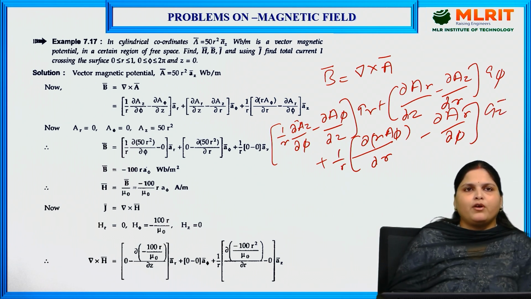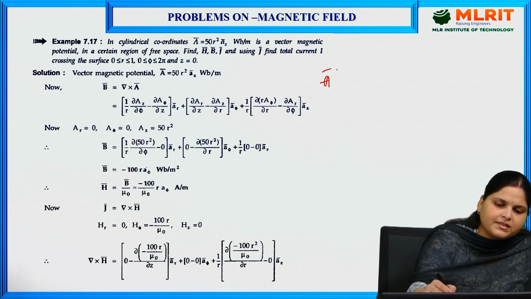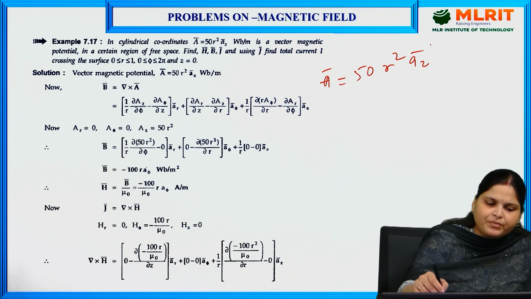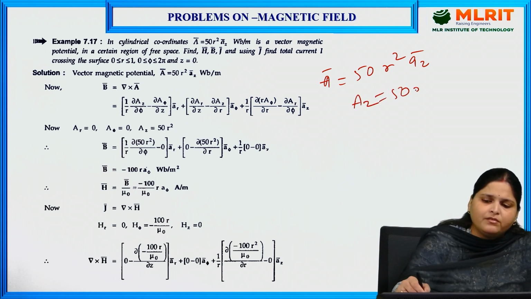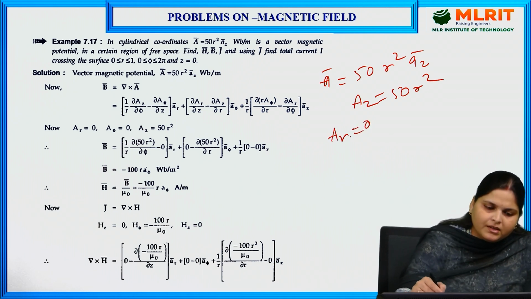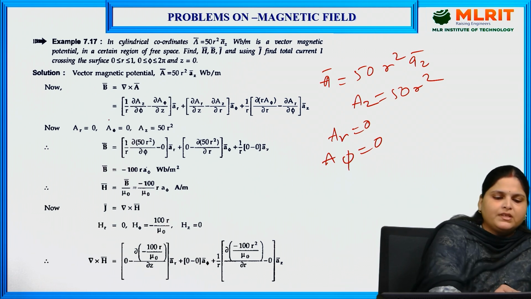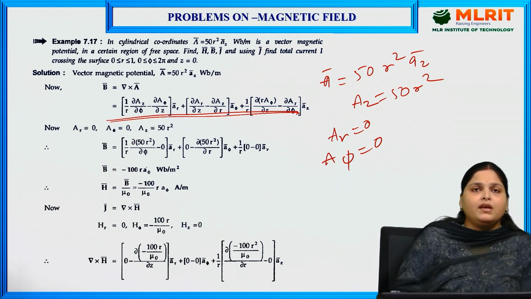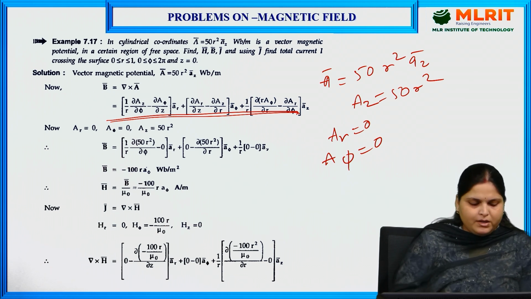This is the formula. And now if we see, as A is given as 50 r square az, so only we have this az component as 50 r square. Here we don't have ar, also a phi is not there. So in this formula we have to put the value of ar equals 0, a phi equals 0 and az equals 50 r square.